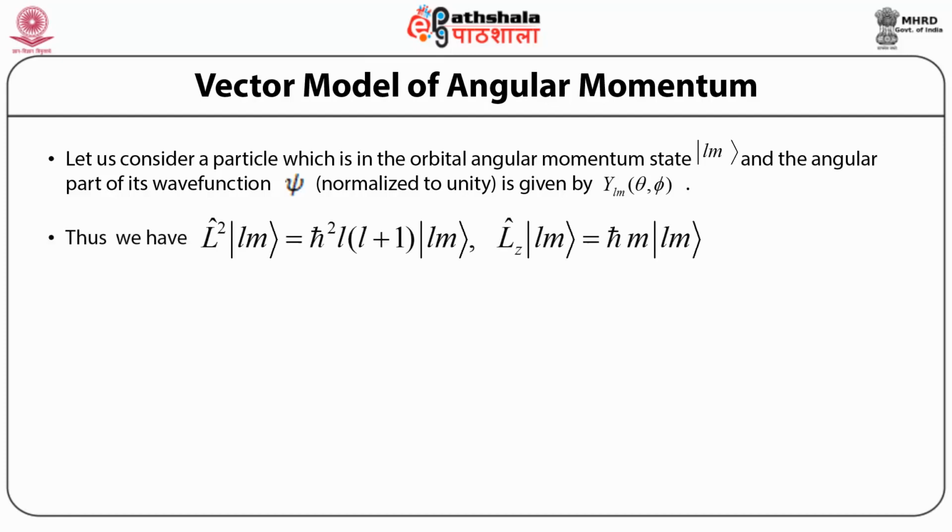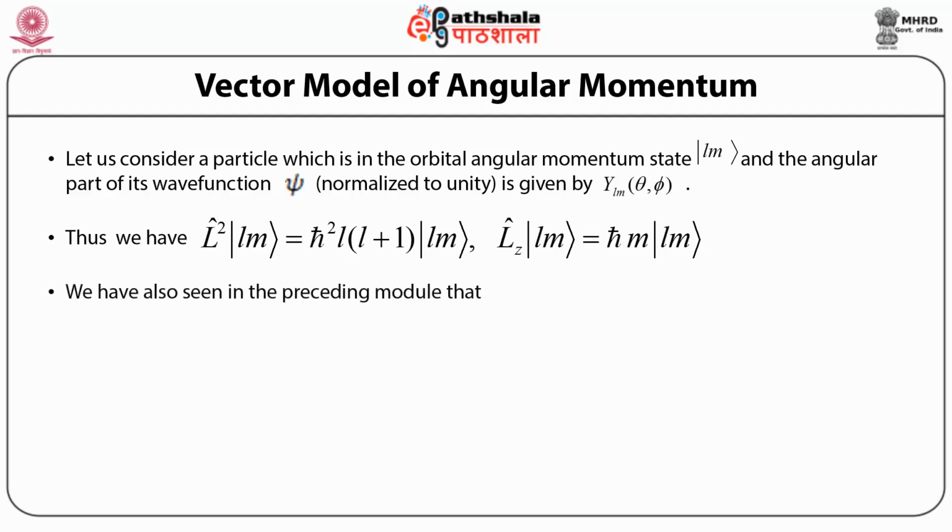Thus we have operator L² acting on ket lm equal to ħ² l(l+1) ket lm. Similarly, operator Lz acting on ket lm is equal to ħ m ket lm.